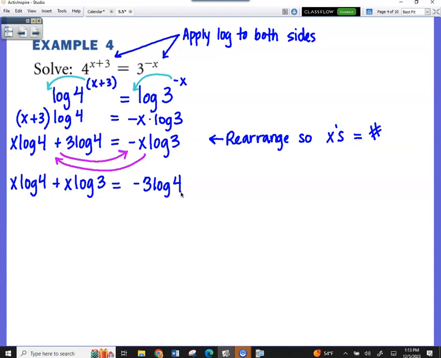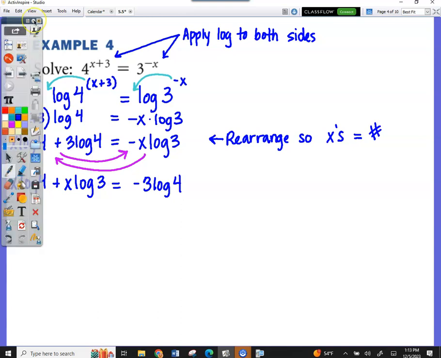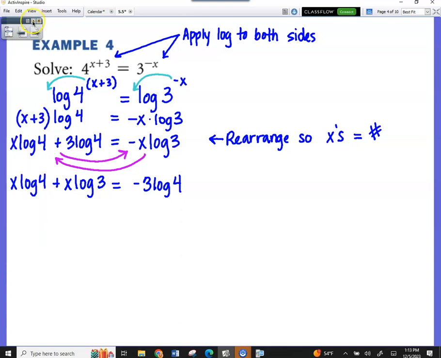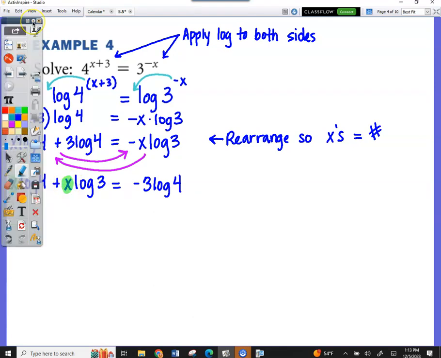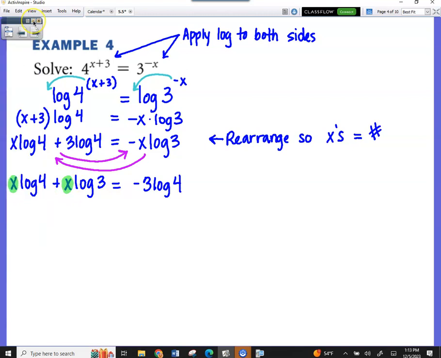All right, what do you notice? Now the x's are on the same side, and where are they? In the front, as a coefficient. There's a GCF in front of both terms. There's 2 terms here because there's only one plus sign.